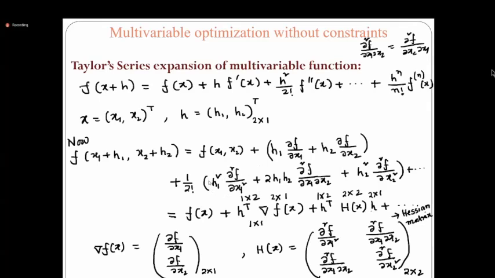You can see here the power of H1 is 2. Here the product H1 and H2 is coming, so this term also gives you the power as 2. H2 is also 2. So in the quadratic form, the terms you are getting will all come out with power 2.